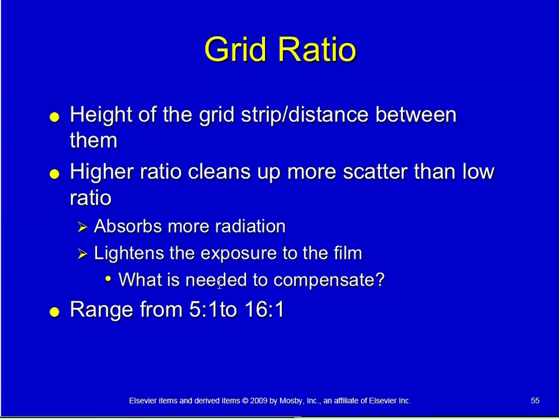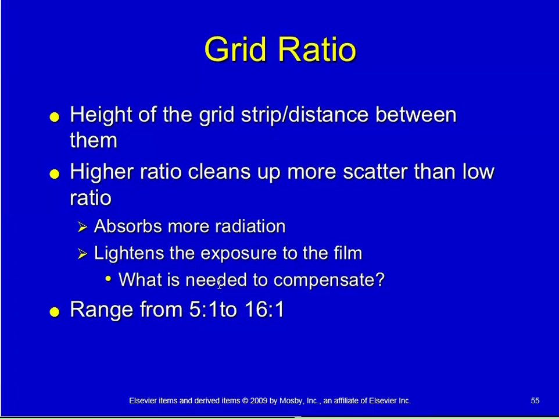The patient received the same dose, but the image receptor received less radiation because the transmitted X-rays were absorbed inside of the grid, those transmitted X-rays being both scatter and a little bit of unattenuated beam. So the index number indicated underexposure.